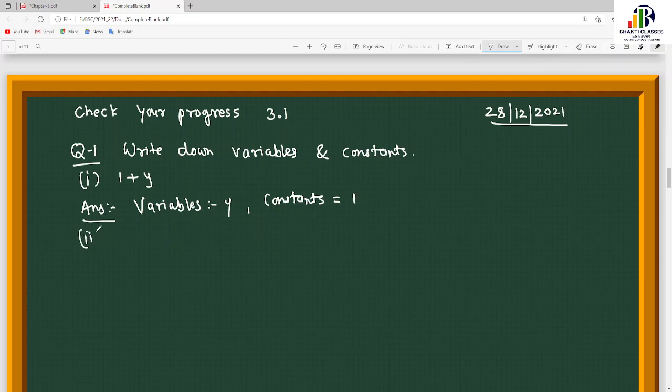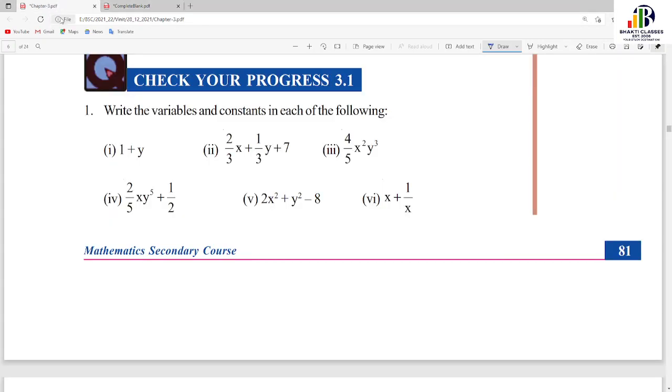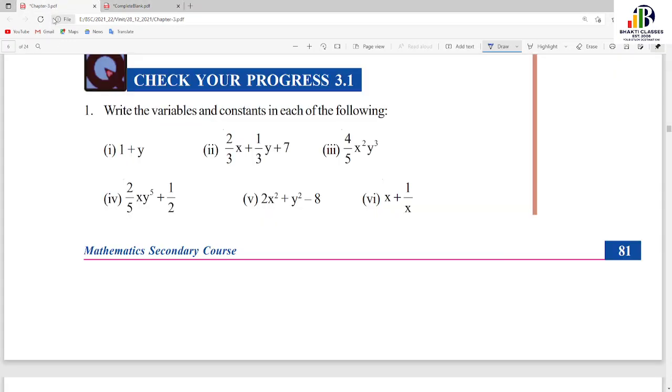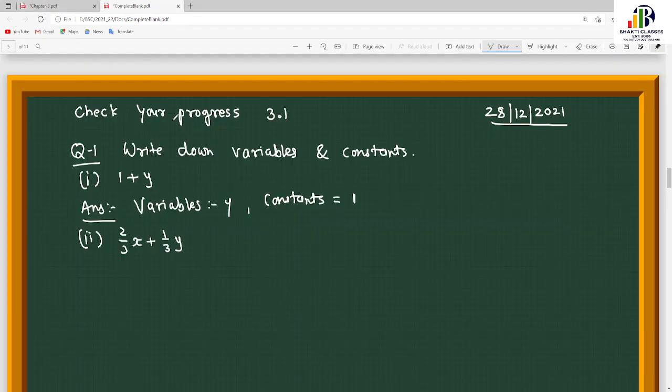Let us do the second one. That is 2 by 3x plus 1 by 3y plus 7. So we can write the variables.